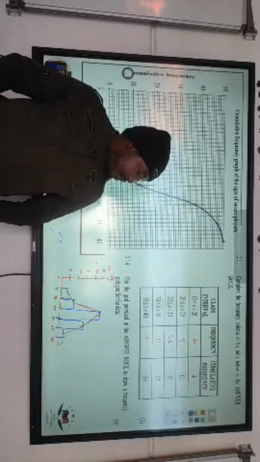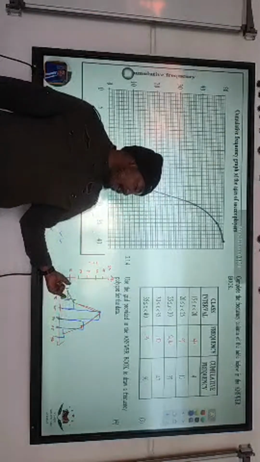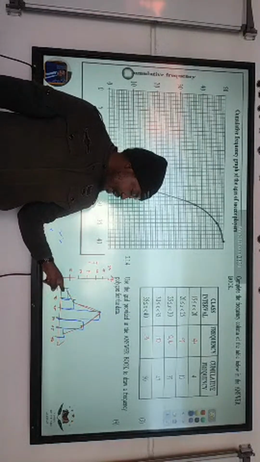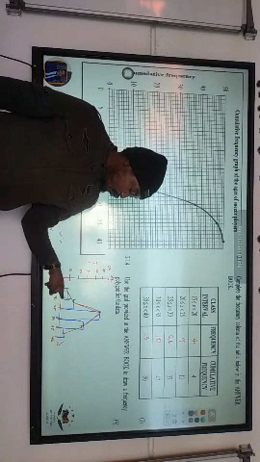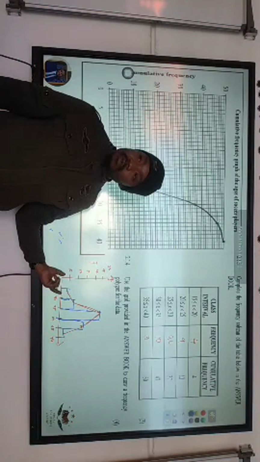And then if we were to draw a histogram here, it will tell us that this is 4, so we'll just draw a block between the interval at 4.